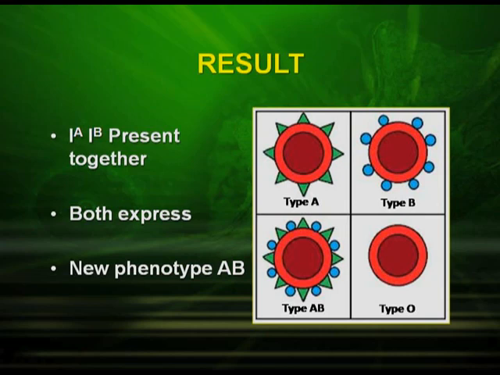Both express and the new phenotype is AB. The new phenotype AB has a different kind of alleles as compared to type A and type B.